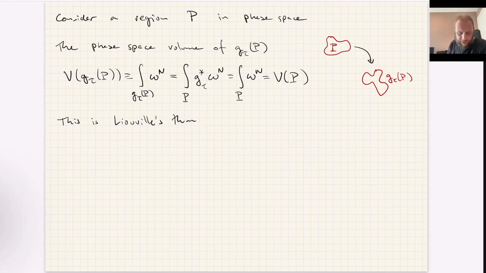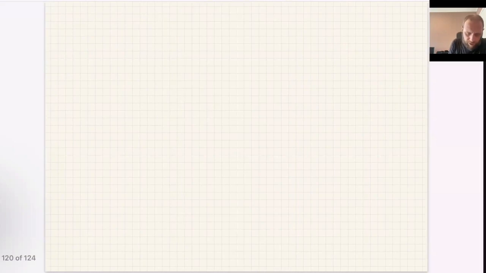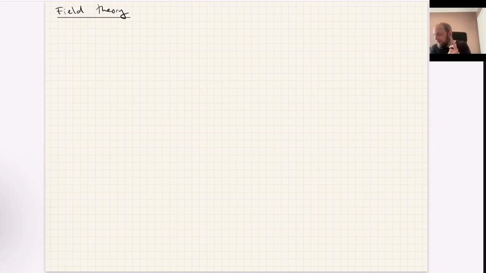Okay, so let's move on. So field theory. You have probably come across field theory in many respects, like when you have the gravitational field, the electromagnetic field, but let's dig into what field theory represents.